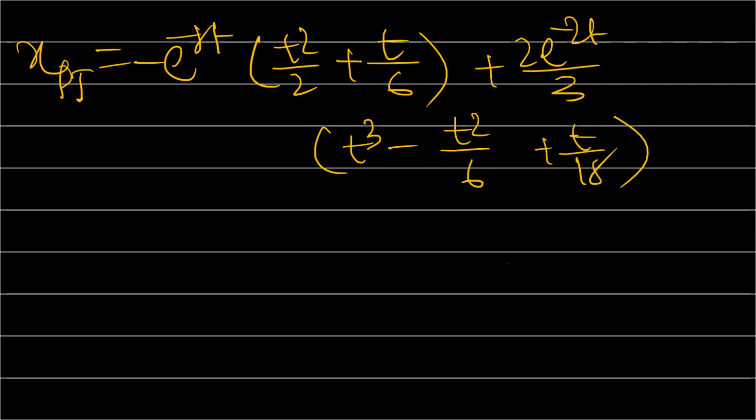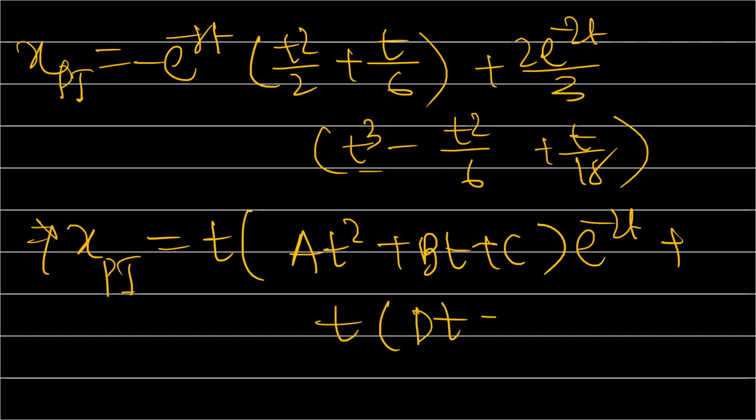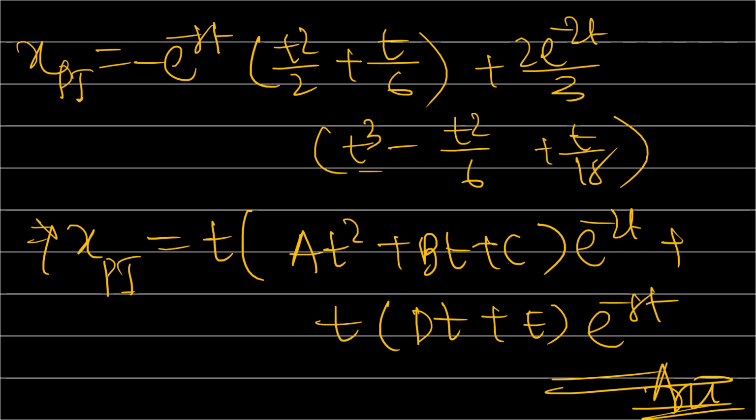Now, according to the question, what is the value of a, b, c? So we can write it as xpi is equal to t whole into a t square, plus bt plus c, e to the power minus 2t. So this will be the answer.